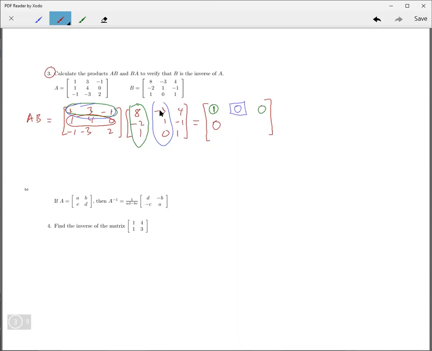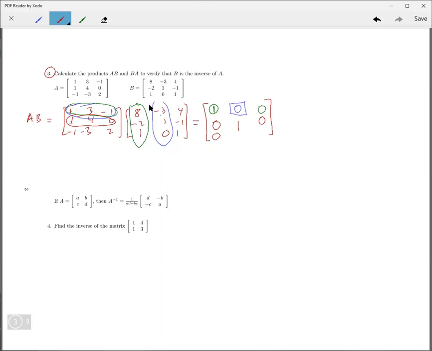And then the middle one, 1 times -3, that's -3, plus 4 times 1 plus 0, so that's 1, and so on. So if you continue on, this one right here is also going to be 4 minus 4 plus 0, that's going to be 0. This one's going to be going here again, -8 plus 6 plus 2, that's 0.